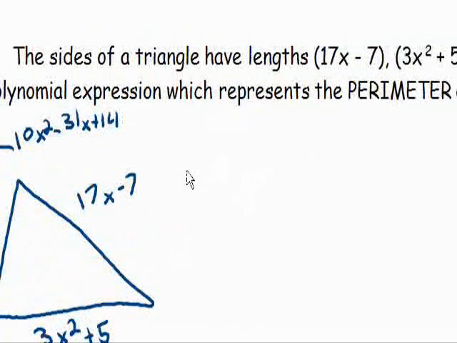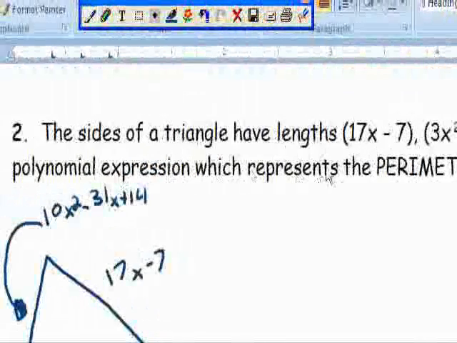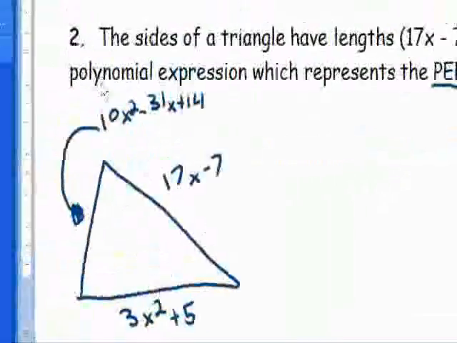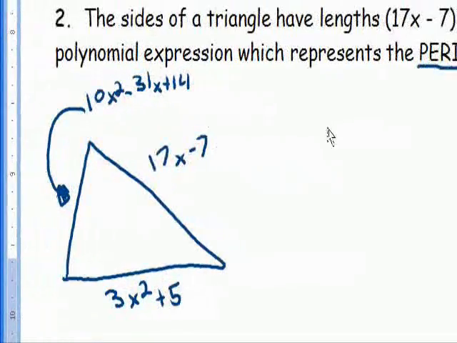Write a polynomial expression which represents the perimeter of the triangle. So we need to add all of these up. We need to find the perimeter.